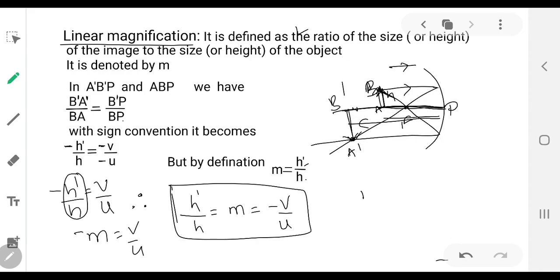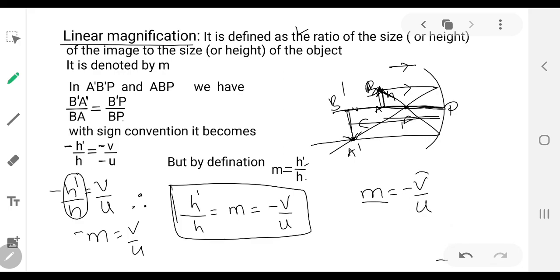It becomes M is equal to minus V by U. So the magnification, by what quantity the image has magnified, that you can get by getting the ratio of image distance to the object distance.